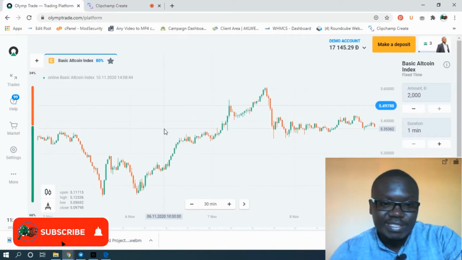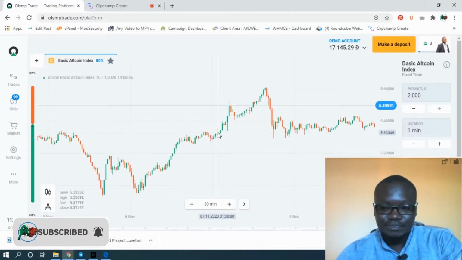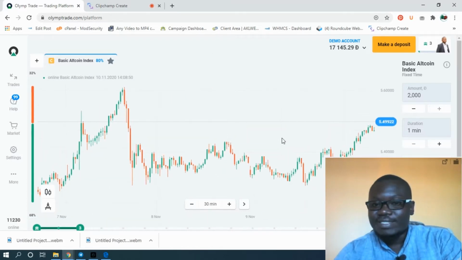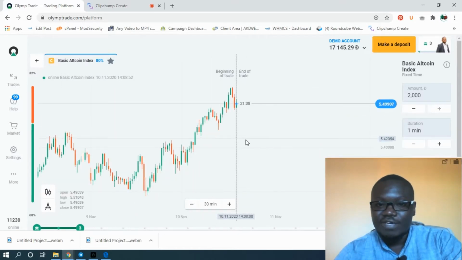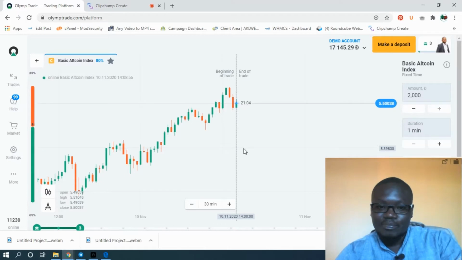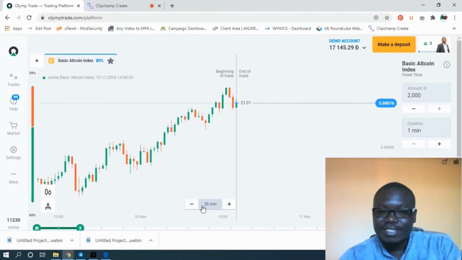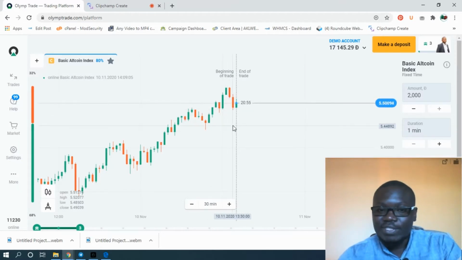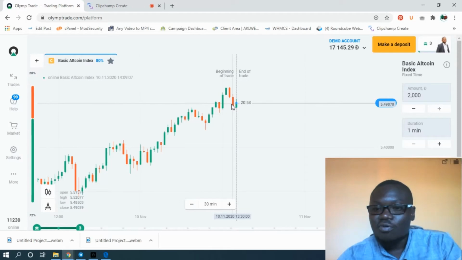So that said, if you're new to trading and you're just seeing these charts for the first time, then what you should pick from this chart is, the chart is on a 30 minutes time frame, which means that each of the candlesticks that you see formed on this chart is formed in 30 minutes.